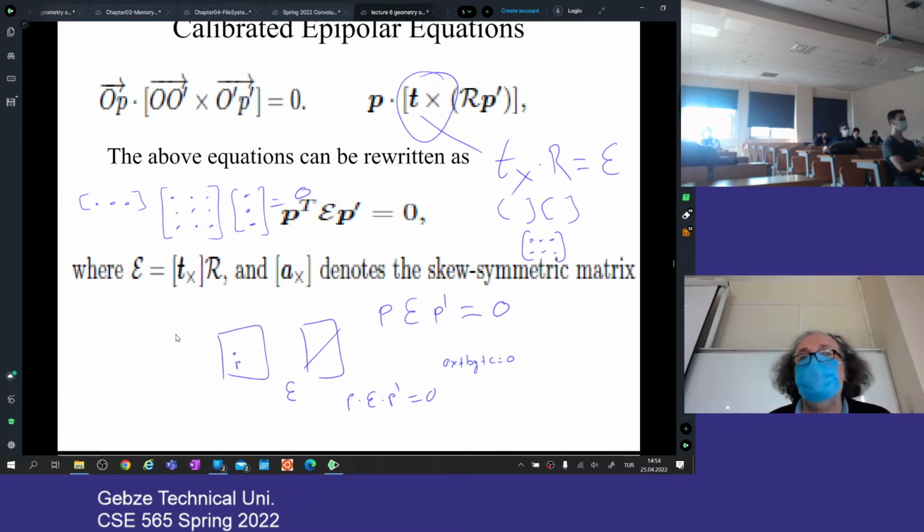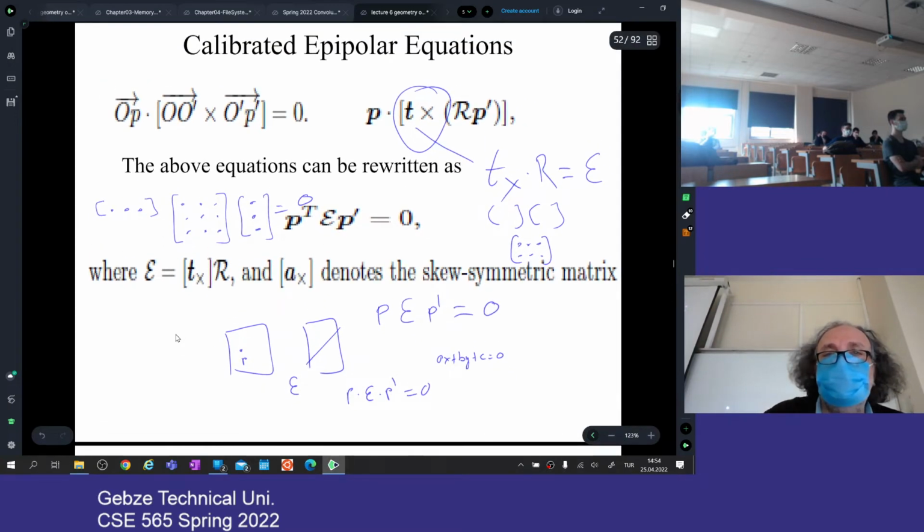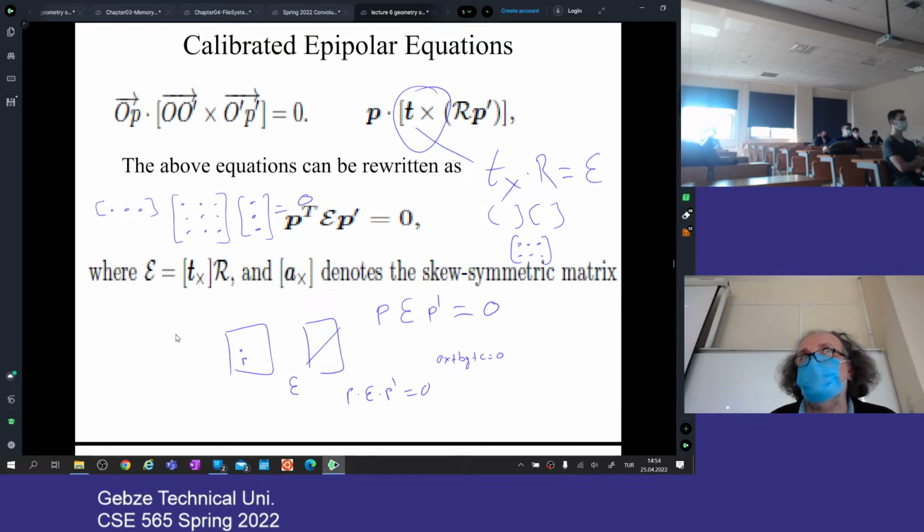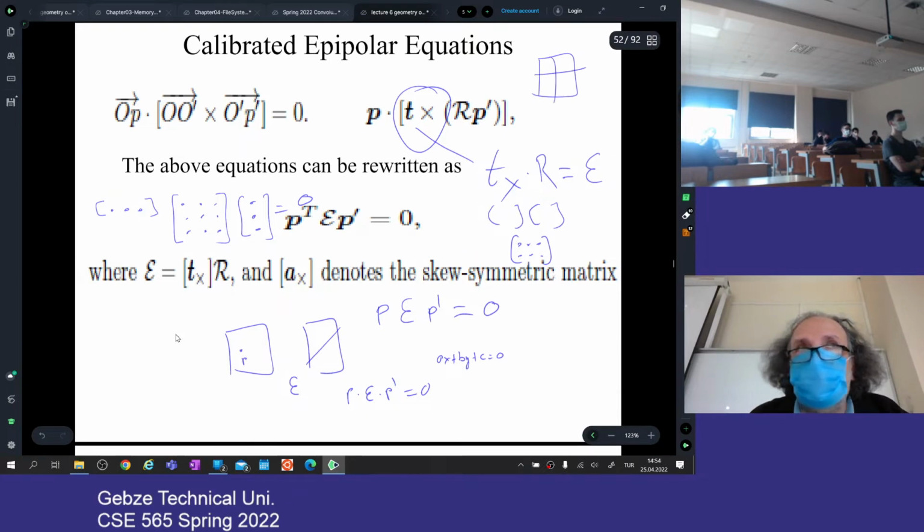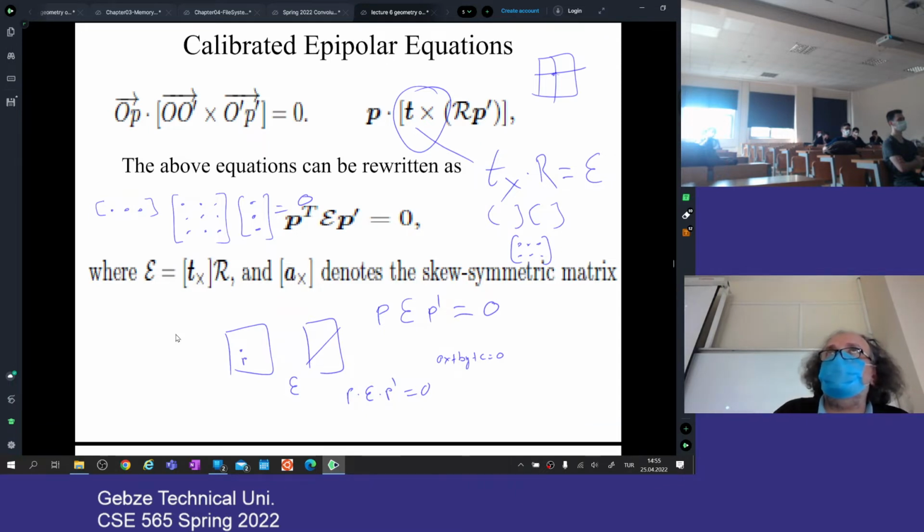That's what we know. But the thing is that this essential matrix works for the points in the camera coordinate system. Camera coordinate system is nice, but it is not as nice as the image coordinate system, because given an image, I know its row and column. So I know that in this image, the second row and the third column is my point, for the image coordinate system.